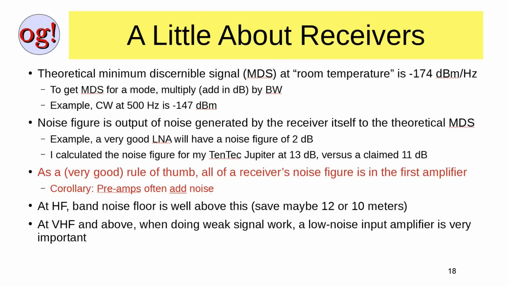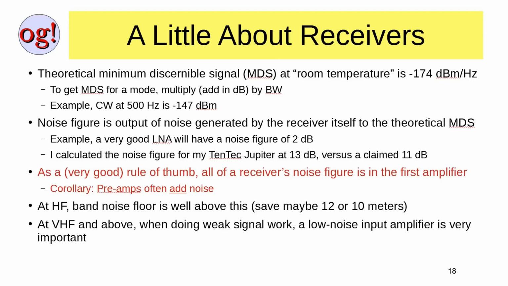So instead of that CW at 500 hertz at minus 147 dBm, your minimum discernible signal will be minus 145. Okay, so you've lost 2 dB. So if there was a signal that was just barely hearable in the noise, it won't be now that you've gone through that LNA.